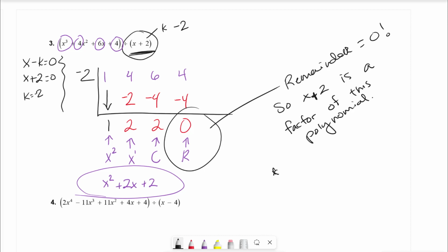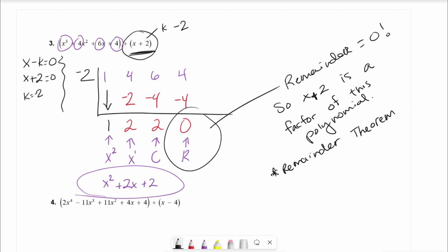That, again, is what we call the remainder theorem. Whenever you are dividing by a polynomial and you get a remainder of 0, then the thing that you divided by is indeed a factor. That's going to be very important for us when we start solving polynomials.